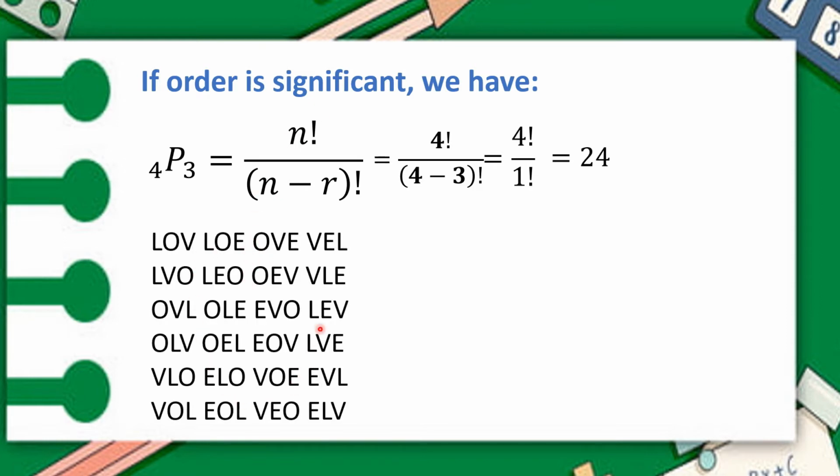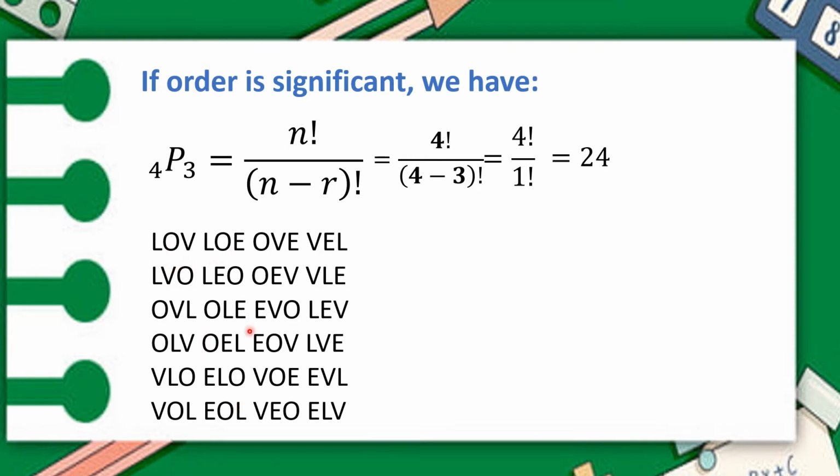Ito ang mga arrangement na pwede natin gawin. So, kung mapapansin, LOV, LVO, OVL, OLV, VLO, VOL ay 3 letters ang ginamit natin pero iba't ibang arrangement.